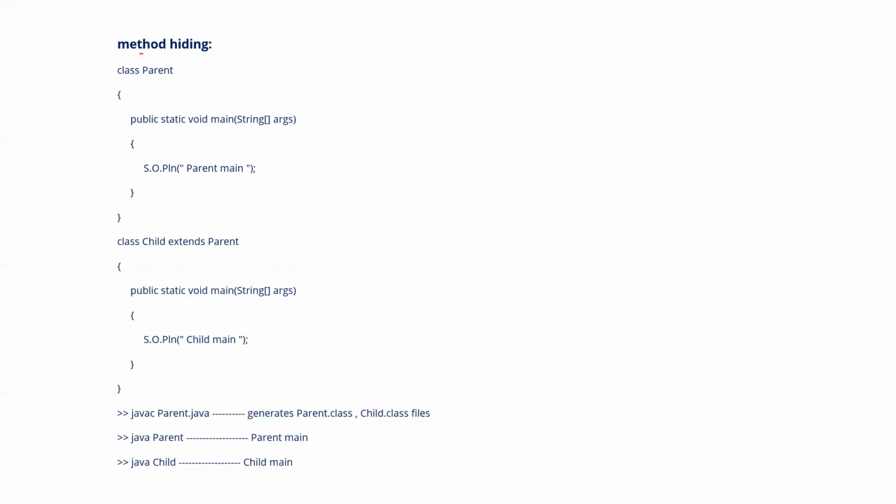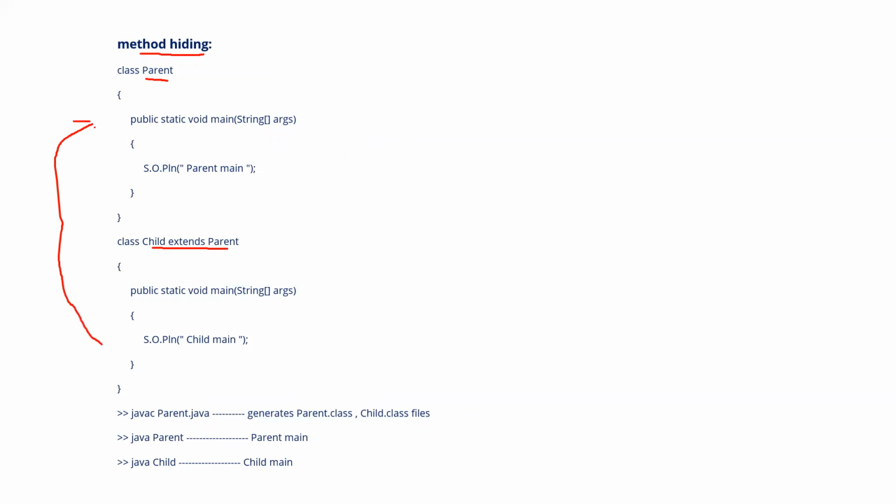Method hiding, which is similar to method overriding. Observe carefully. Method overriding means take the parent, and the child is extending the parent. If the child is not satisfied with the implementation present in the parent class, then the child can define its own implementation with the same method name.